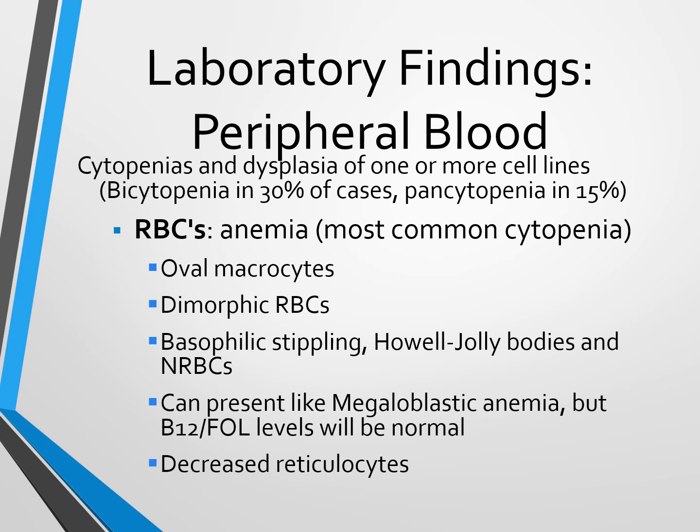We're going to have ovalocytes, oval macrocytes, really, dimorphic red blood cells. Remember, we might have some microcytic, hypochromic, and then we may have some oval macrocytes. We may see basophilic stippling, Howell-Jolly bodies in RBCs, and those are all things that are indicative of a myelodysplastic disorder.